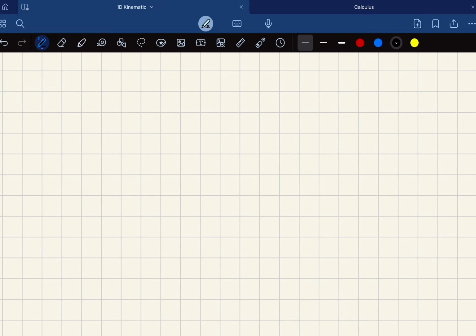So let's say you start off at point 0 right here, and you go 6 meters east, then you go 4 meters north, then you go 3 meters east.